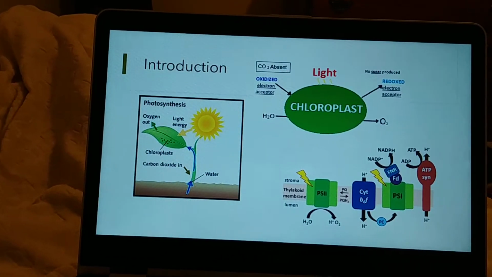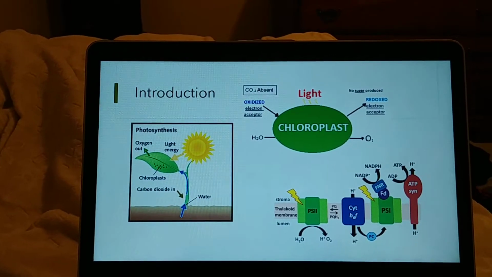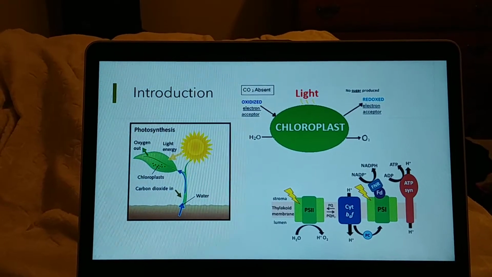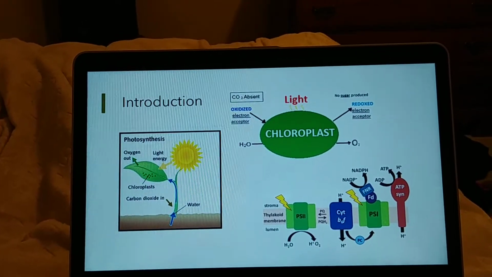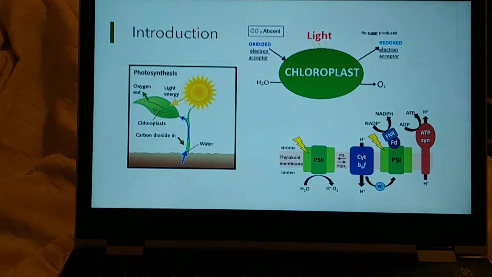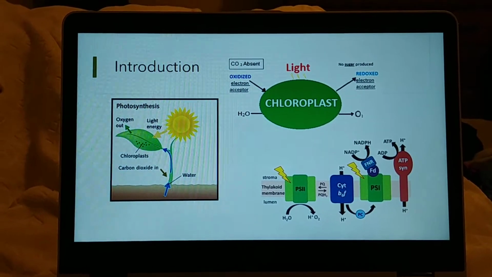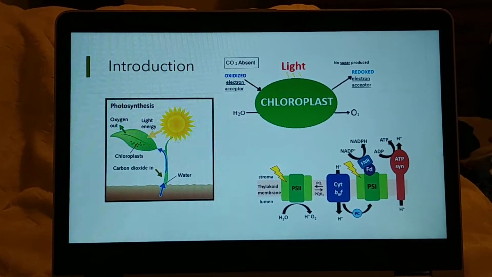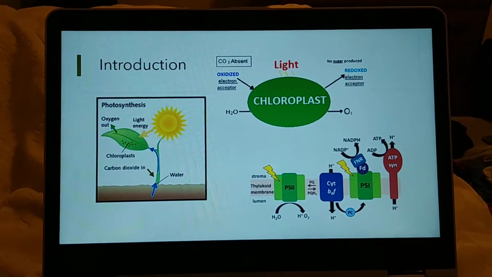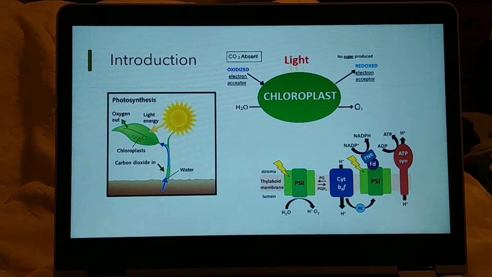And in photosystems 1, NADPH is produced, and then through the ATP synthesis red part of the diagram, ATP is produced along with H+ ions. The production of NADPH shows that the light reaction is essentially completed, and the energy also results in ATP production.